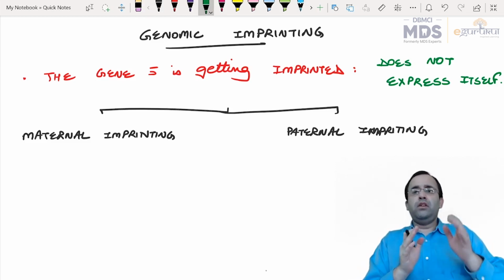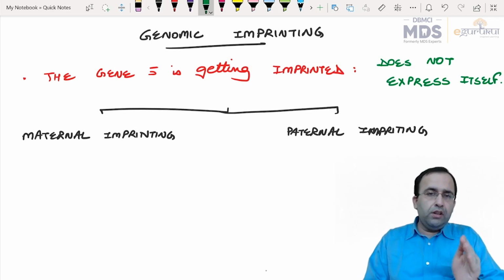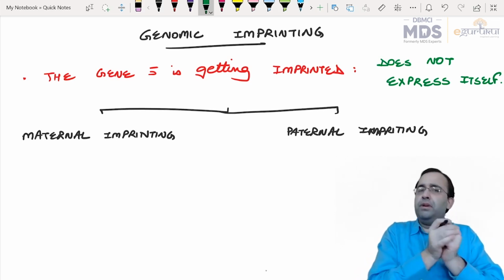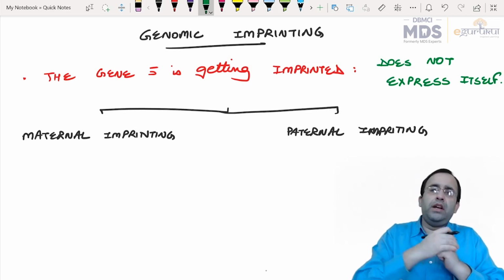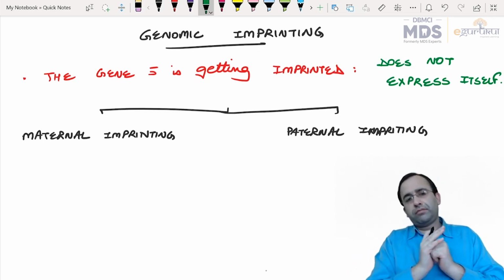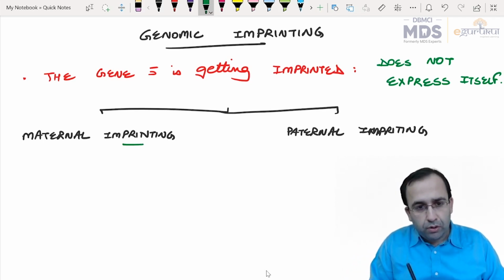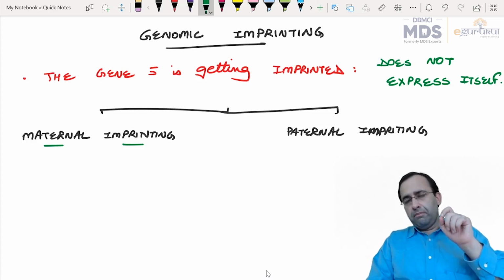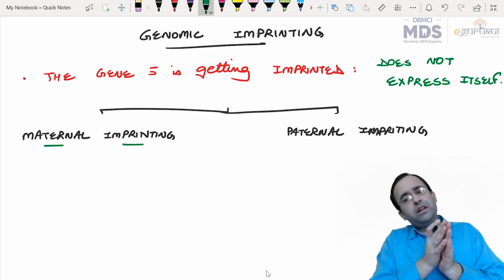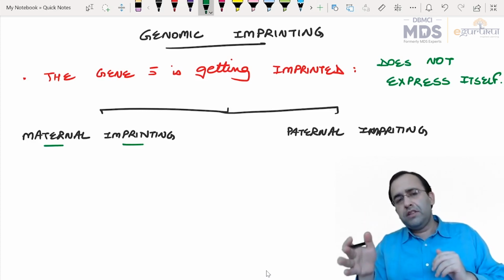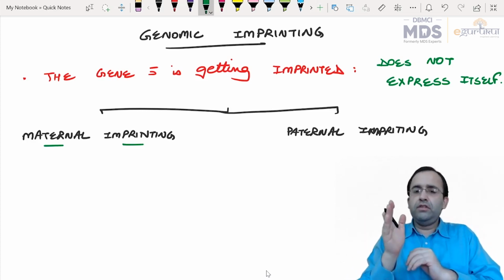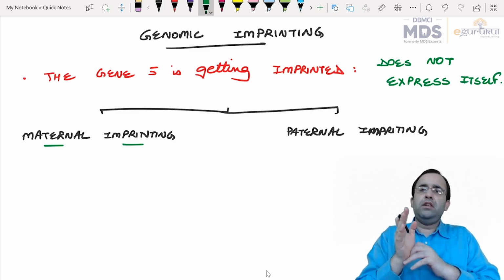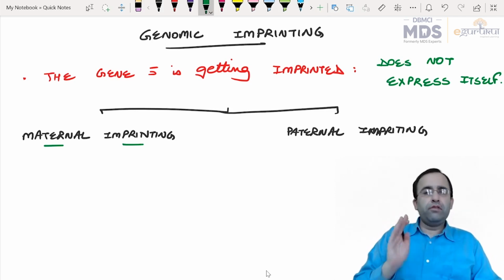Maternal imprinting मतलब the gene of the mother is physically present but it does not express itself. Versus paternal imprinting, the gene of the father is physically present but it does not express itself.